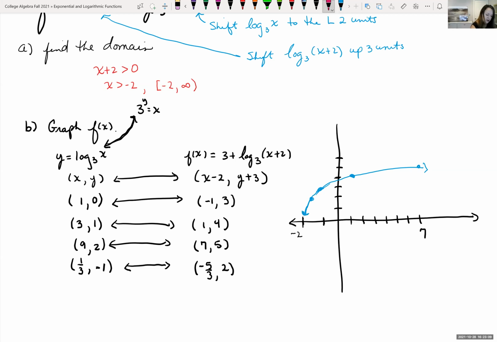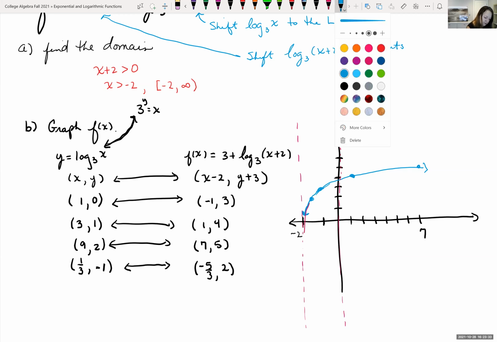But I do know by horizontal shifts that my vertical asymptote was at x equals 0, and we shifted things to the left 2. So I now have a new asymptote here. The graph is going to be hugging this as we come down.